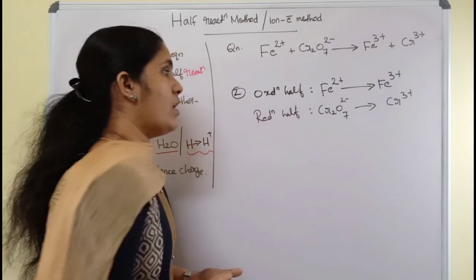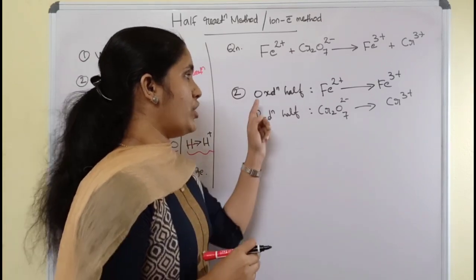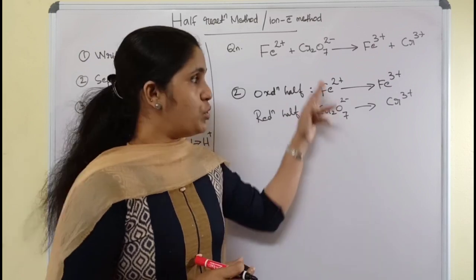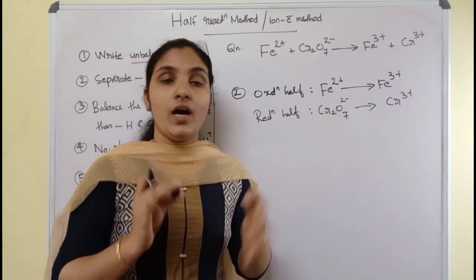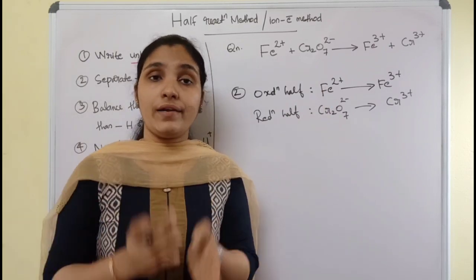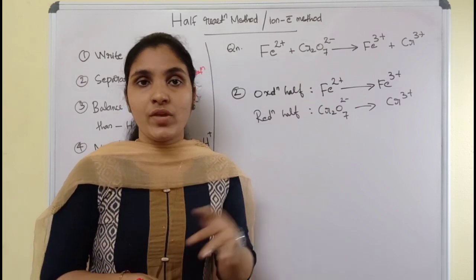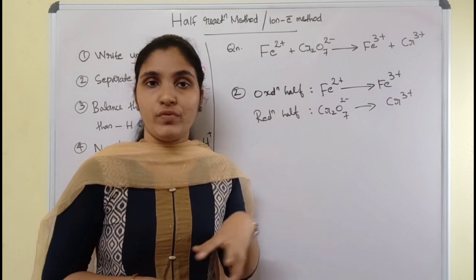In this way, we first divide the equation into an oxidation half and a reduction half, giving two separate equations. We will balance each equation separately and finally add them together. That's what we use in the half reaction method.